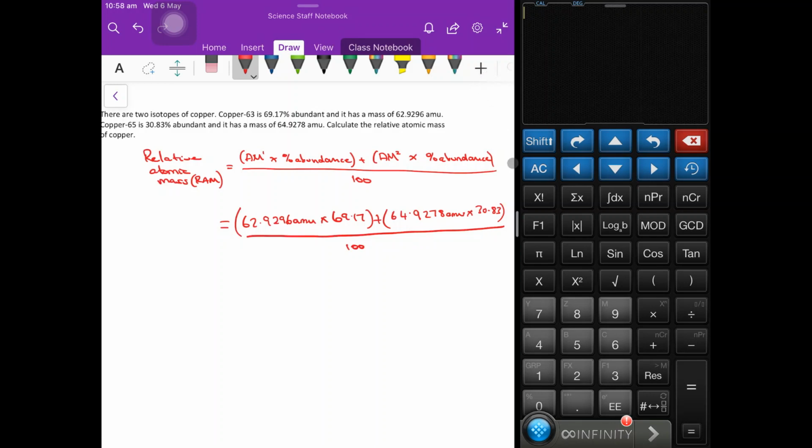So now let's go to our calculator and put all this information in and solve for our unknown. So open brackets, 62.9296 multiplied by 69.17, plus 64.9278 times 30.83, close brackets.